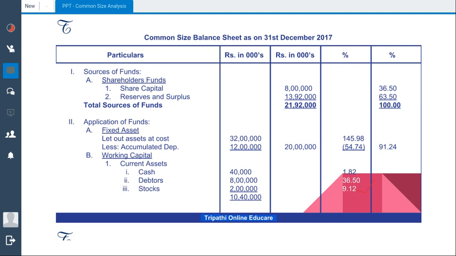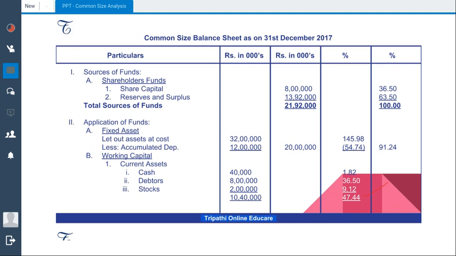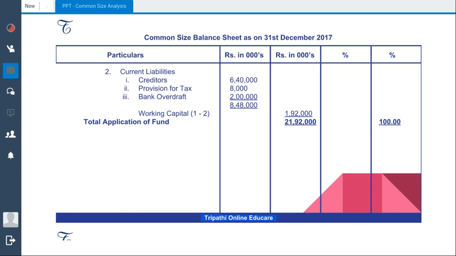9.12%. Let us calculate the percentage of total current asset. It will be 10 lakh 40,000 into 100 divided by 21 lakh 92,000. You will get 47.44%. Current creditors: 6 lakh 40,000 into 100 divided by 21 lakh 92,000, we will get 29.20%.